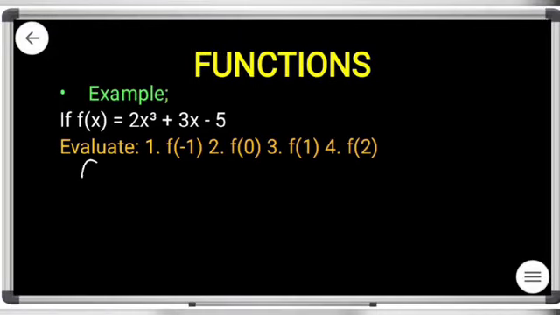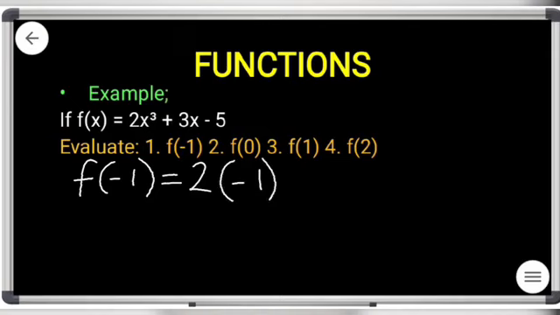So, number 1, f of minus 1 is equal to 2 times minus 1 raised to power 3, plus 3 times minus 1, minus 5.